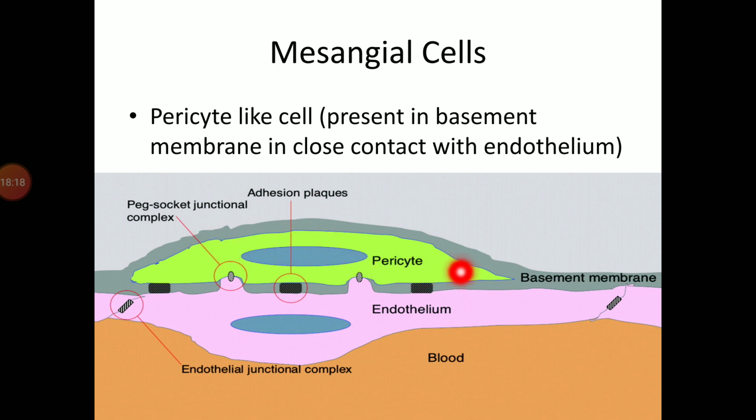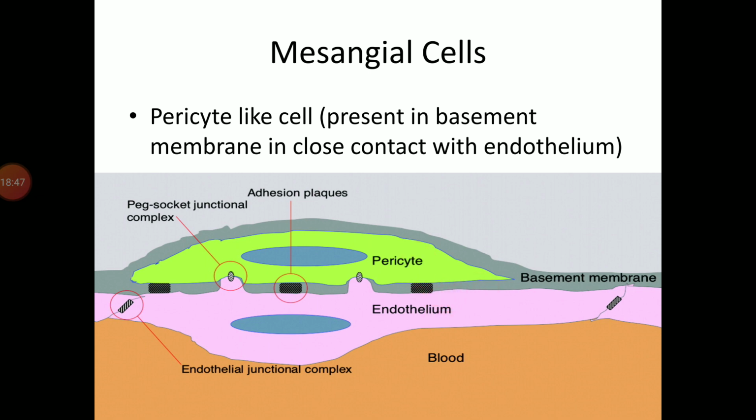So these pericytes are basically found in the basement membrane of the capillaries, and they are in close proximity with the endothelium. Now the function of this pericyte located in the basement membrane is, whenever there is any damage to the endothelium, if repair of the endothelium has to occur, or the angiogenesis process has to occur, or if there is some cellular debris, those will all be cleared by this pericyte, okay?